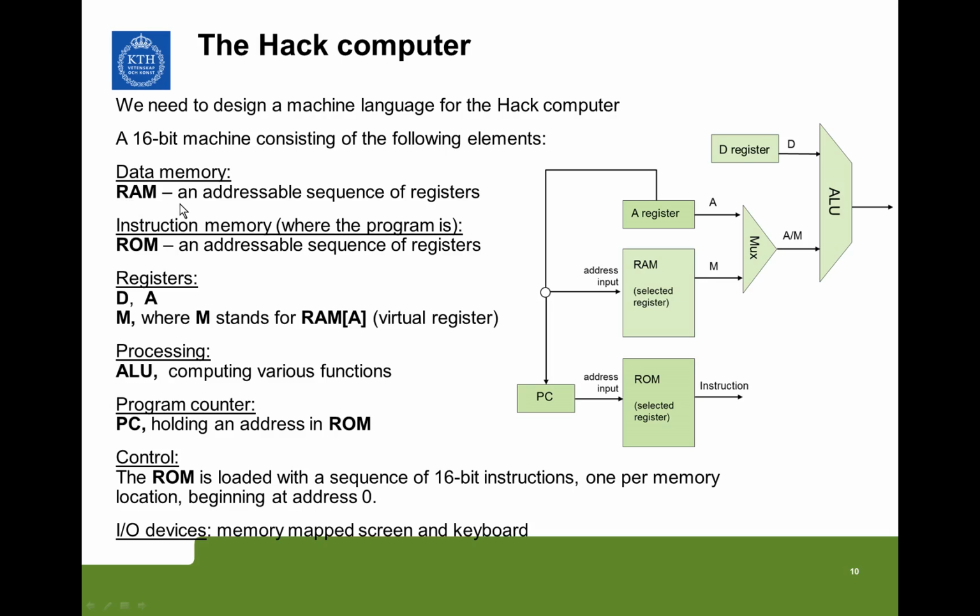The computer will contain a data memory, a random access memory, the instruction memory, which is a read-only memory, again an addressable sequence of registers, registers D and A, and a virtual register M, where M stands for the content of the random access memory at address A. We need a processing unit or arithmetic and logical unit, a program counter that keeps track of where the next instruction will be.